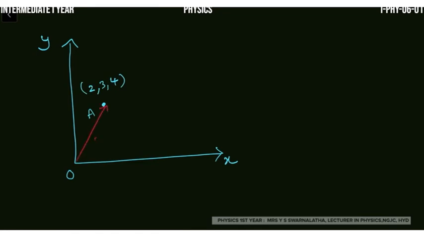Here OA is R1 bar, the position vector. Position vector means we are telling the position of point A with respect to Cartesian coordinates, and point A is (2, 3, 4). So we write in vector form R1 bar is equal to 2i plus 3j plus 4k.